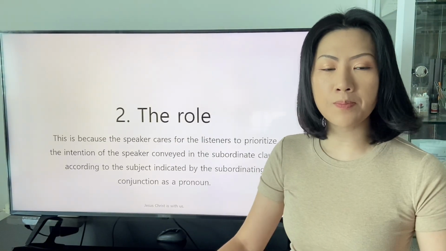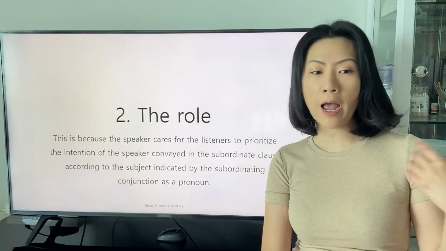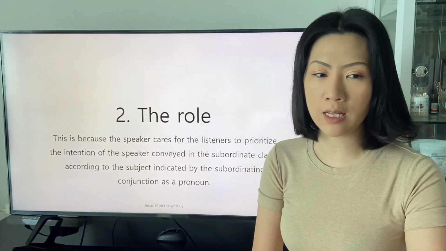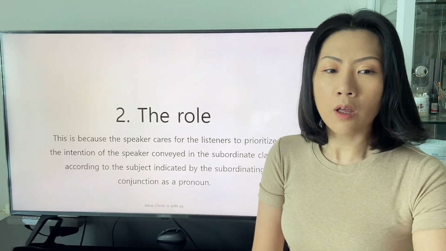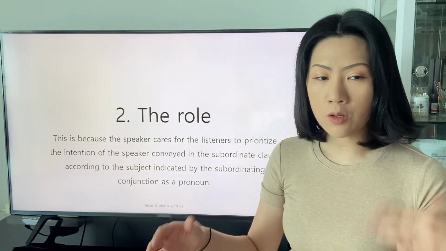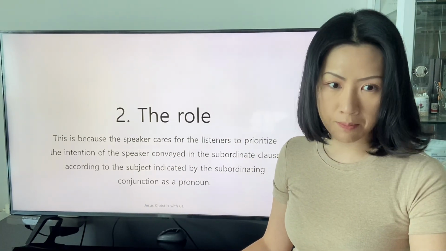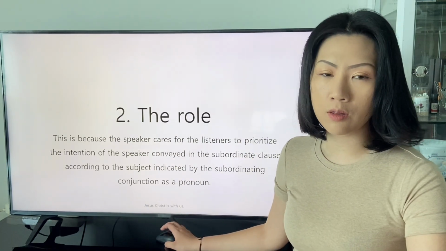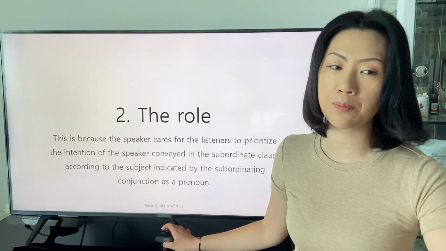This is because the speaker cares for the listeners to prioritize the intention of the speaker conveyed in the subordinate clause according to the subject indicated by the subordinating conjunction as a pronoun.